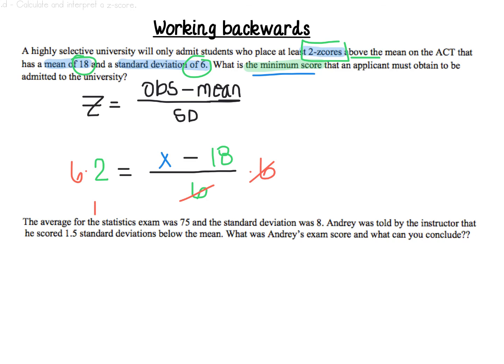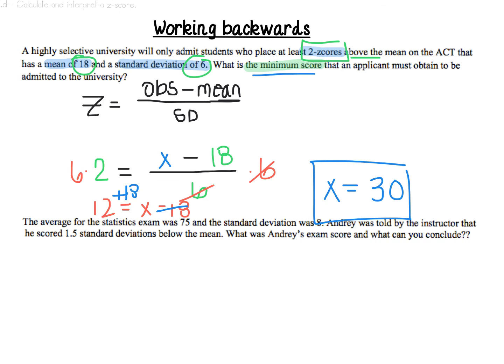So I have 12 equals x minus 18. To solve for x, I'm going to add 18 to both sides. So x equals 30. So in order to even be considered by this university, you need to have an ACT score of 30, because that would be 2 standard deviations above the mean.